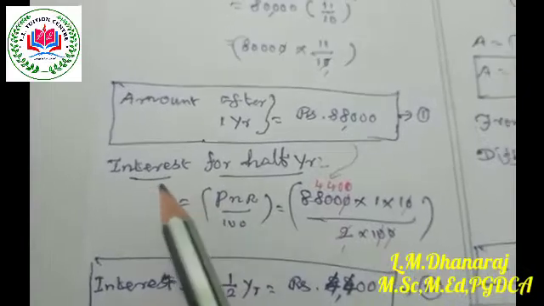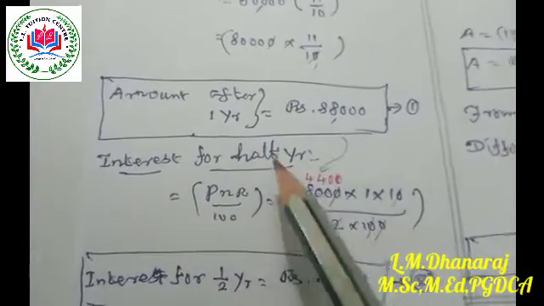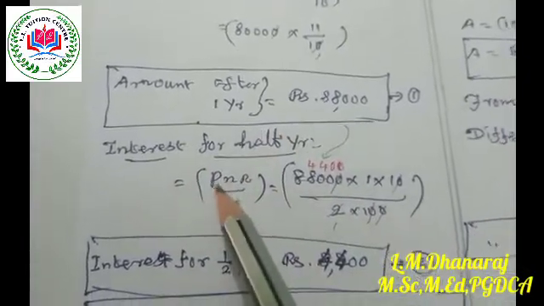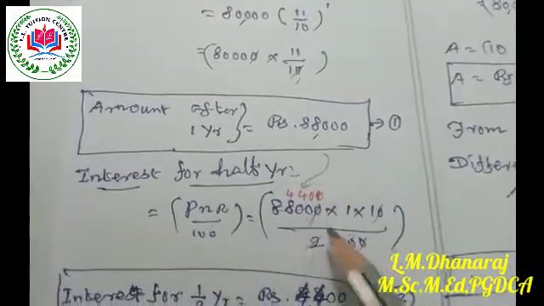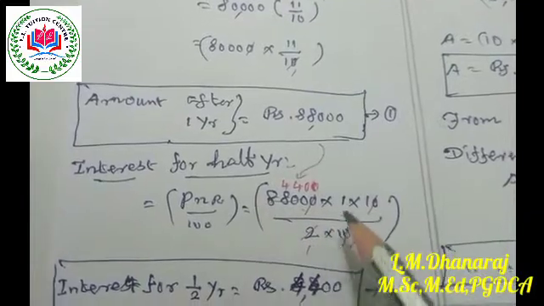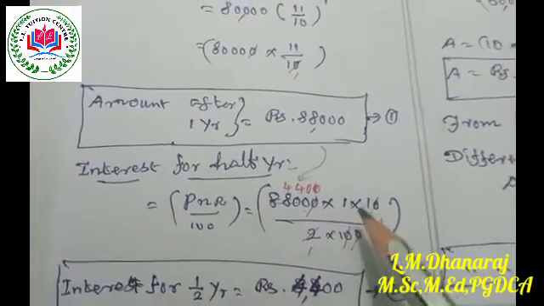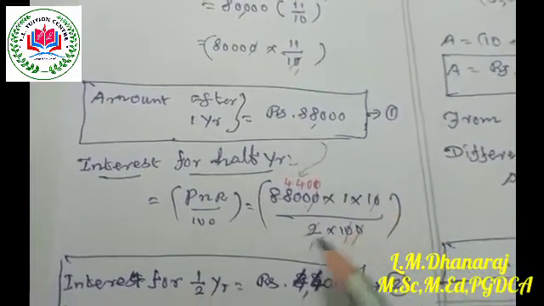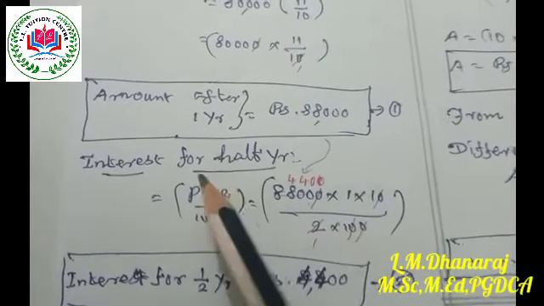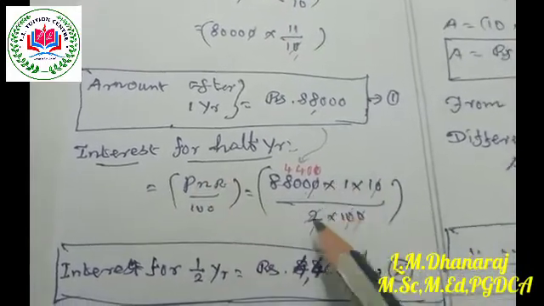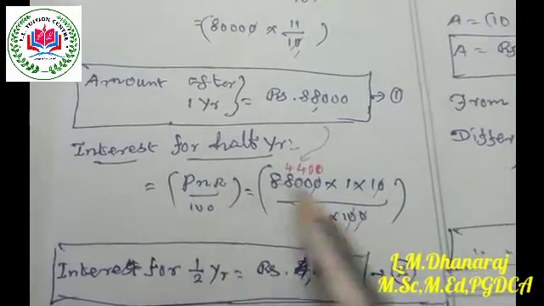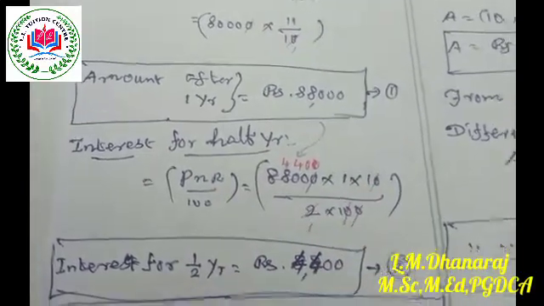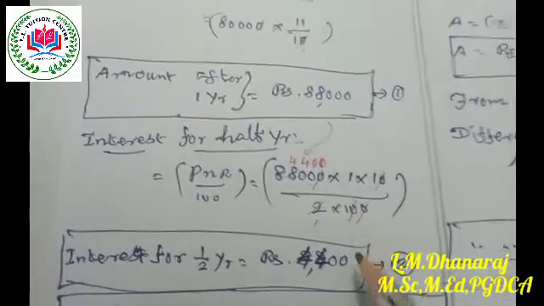Now we have to find the interest for the half year. The half year interest formula is PNR by 100. So the principal amount is 88,000 into N is equal to 1 into 10 divided by 1/2 into 100, since this is meant for half a year. So N is equal to 1/2 we have to consider for a half year.